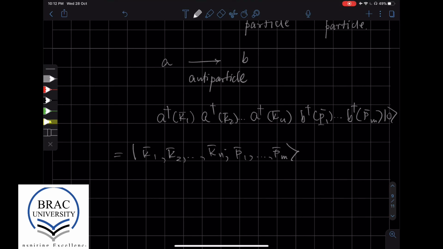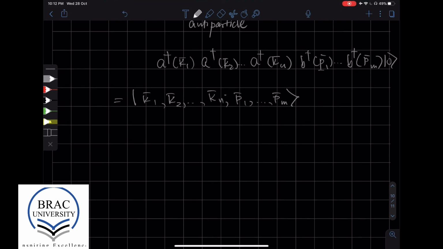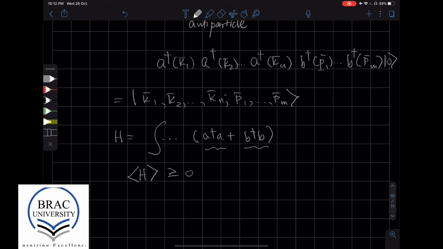Several things we should note. From the expression of the Hamiltonian, which had the form of some integral times a dagger a plus b dagger b, from the form of these number operators, we see that the Hamiltonian is a positive definite operator. That is, the expectation of the Hamiltonian is going to be positive.